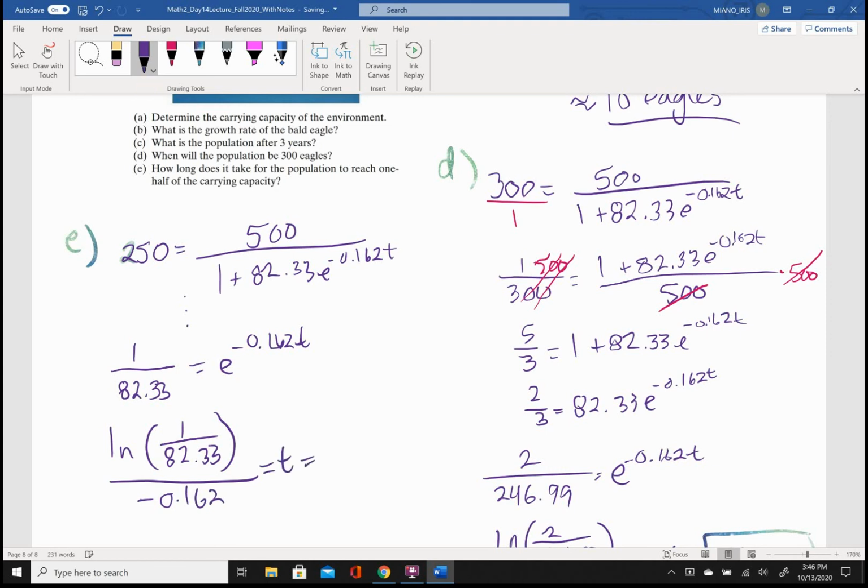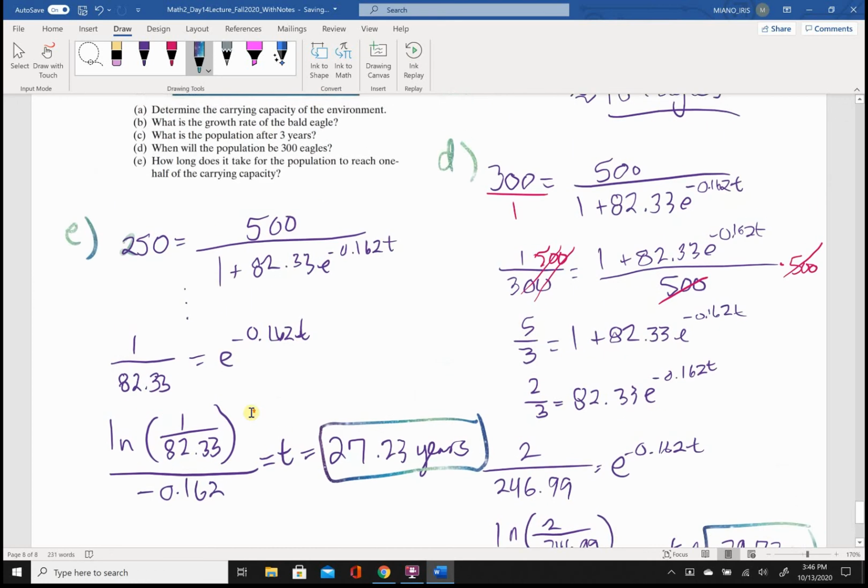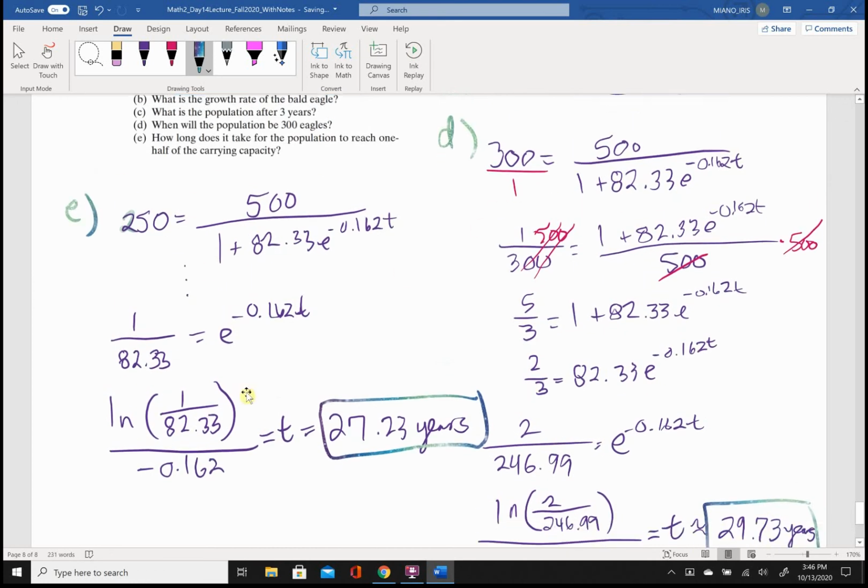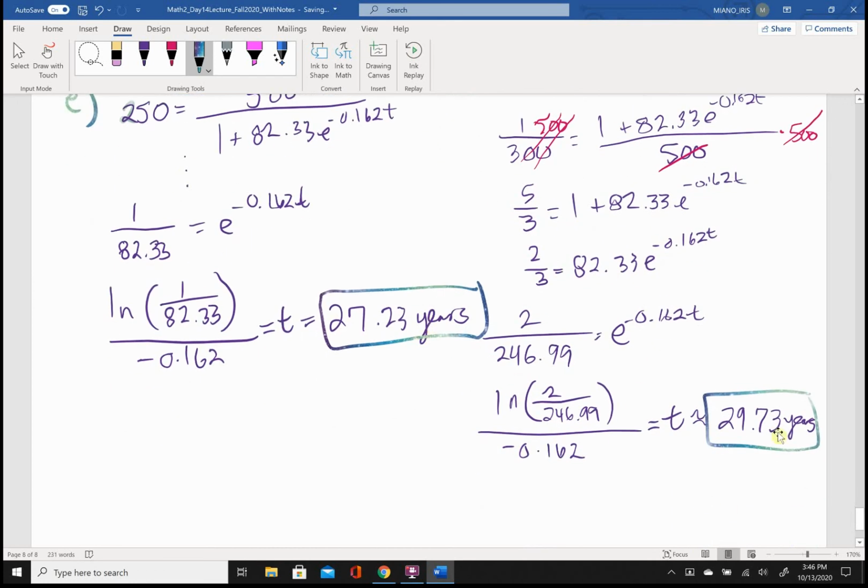Well, that'll be at about 27.23 years. Whew. So that's that. So if you're trying to get to half the carrying capacity or 300, there's not much of a time difference going on there, just a little bit more than 2 years.